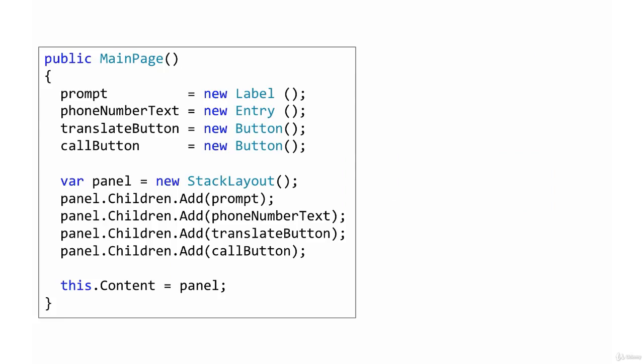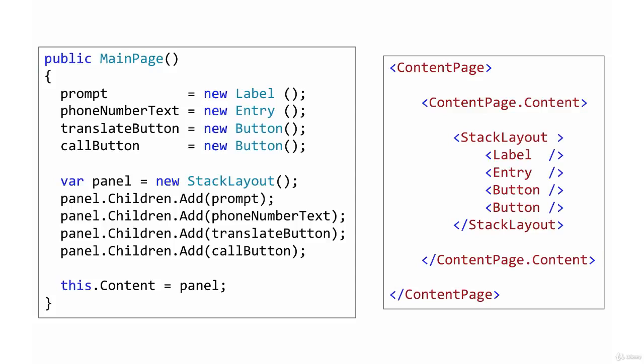So here's that same example again, slimmed down just to the core elements. If we code this in XAML, we end up with something like this. Instead of allocating objects using new, we have element tags in our markup. Instead of adding the controls explicitly to the stack panel, we just nest them inside the panel in the XAML.